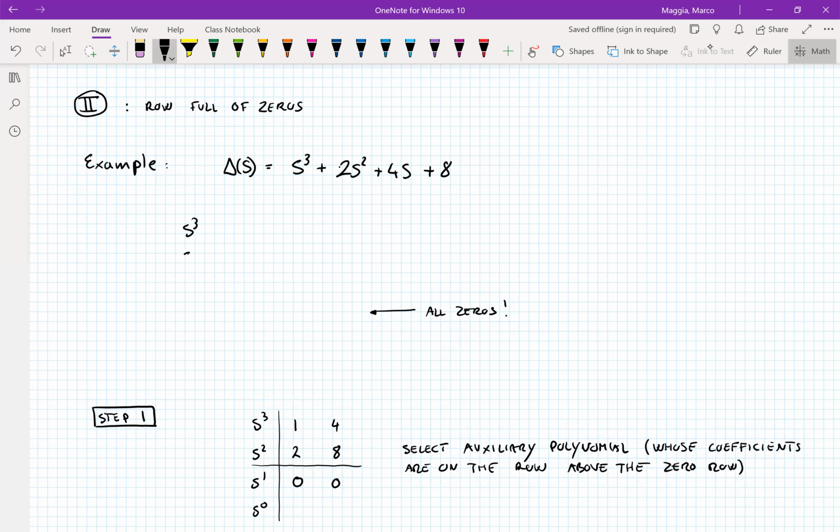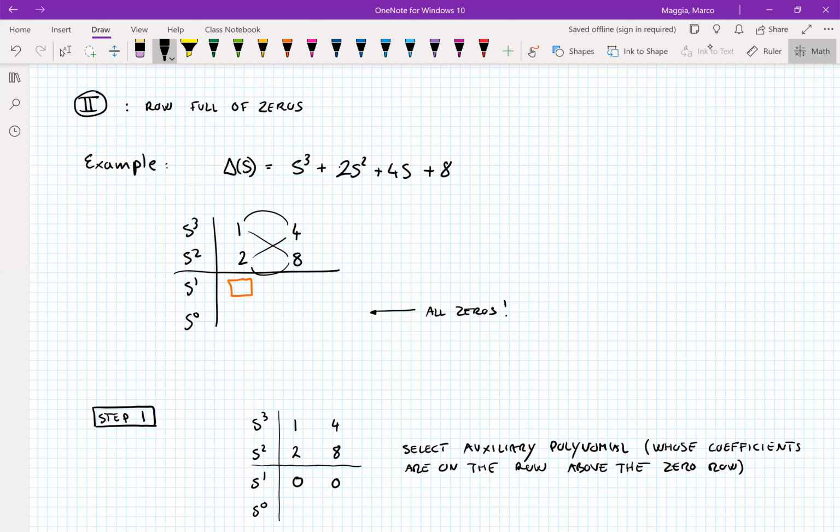So as usual, we build up our Routh array like we don't know what's going on. So here we have 1, 2, 4, 8 in the usual pattern. So let's find the first term here. That's 2 times 4 minus 1 times 8 divided by 2.